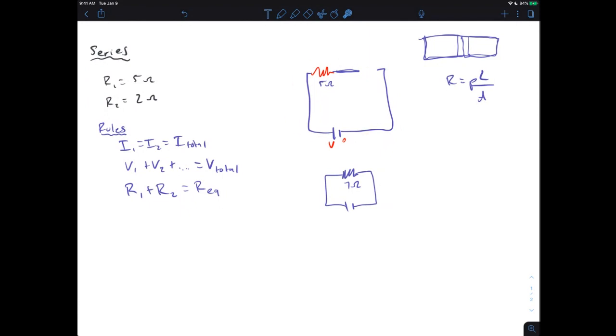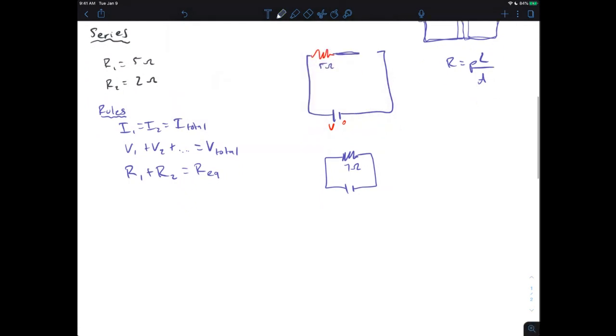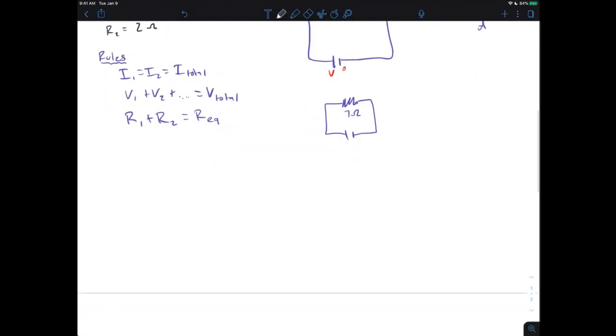We're going to think about this because it is important when we talk about our other configuration, which is parallel. I can also hook up resistors in parallel.